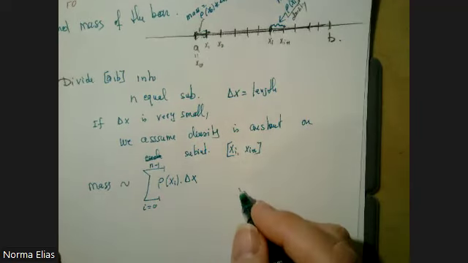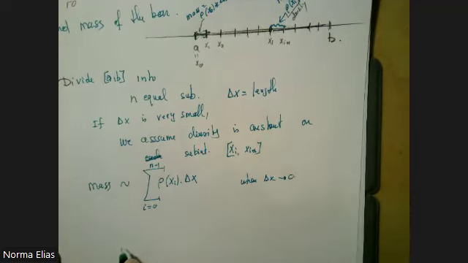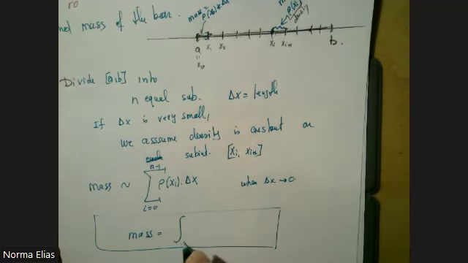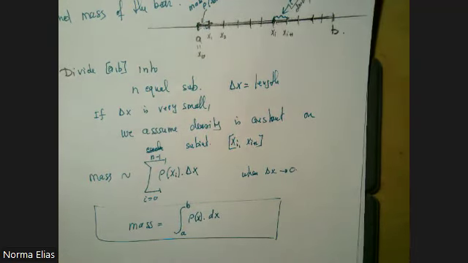So when delta x becomes very little, the Riemann sum tells me that the mass is going to be given by the integral from a to b of the density times dx. And that will give us the mass.